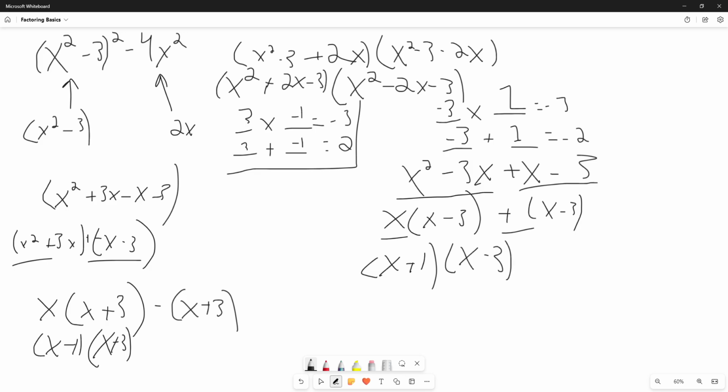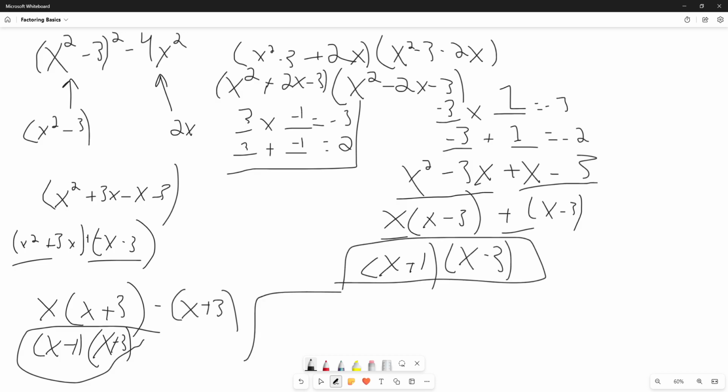Now don't forget to multiply both terms together in your final answer. So we'll take the first term, x plus 1. Sorry, that's an x minus 1. Let me just fix that. X minus 1.